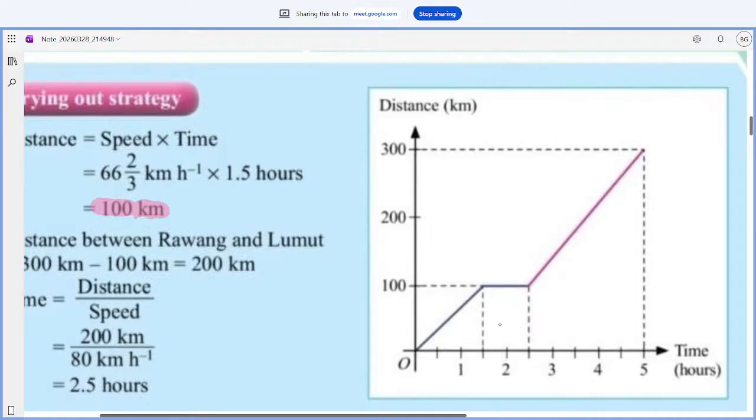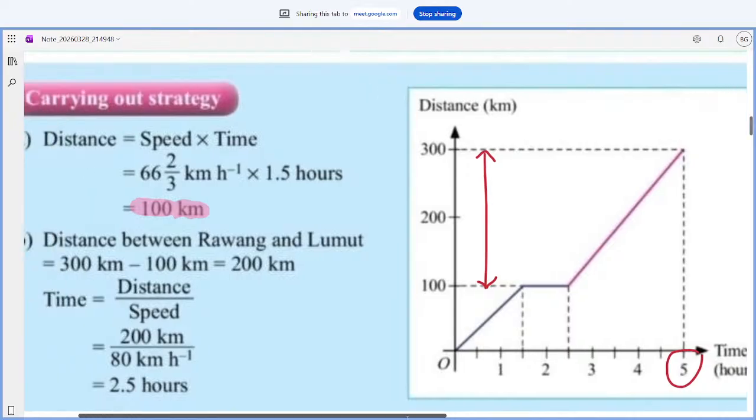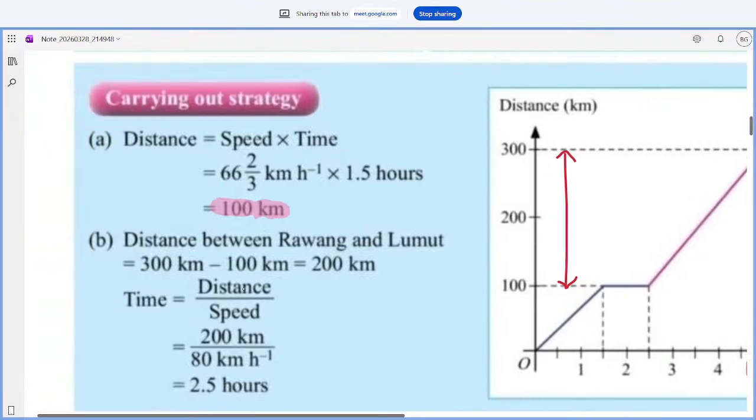Because tadi hanya 100 km, so kena 200 lagi. Over here is the extra 200 km, guys. Kat sini, 200. And then time, you guys need to check. Kamu kena kira yang ni. Based on the info, distance kena 200 kan, dan mereka bagi tahu laju purata average speed is 80, so extra 2.5 hour.